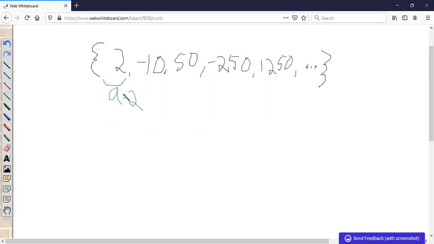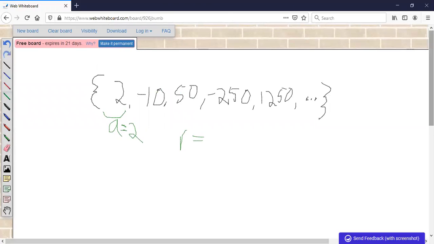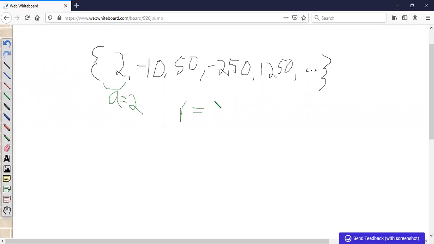Neat, done, found A. So here, the next thing we can do is say, well, I need R, and by observation, I hope that anyone watching this slideshow would realize that R here is -5. Every single time we move from one term to the next, we're multiplying by -5. But if you needed to check, something like 50 over -10 seems like a good bet, and yeah, sure, that's -5.